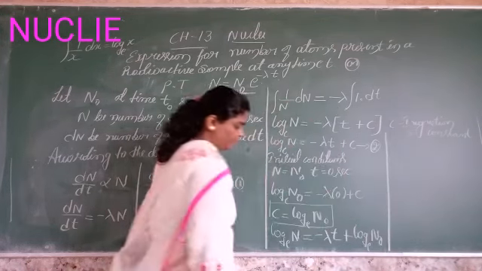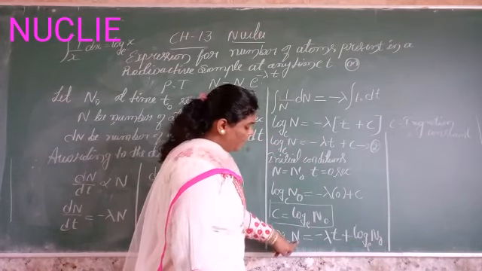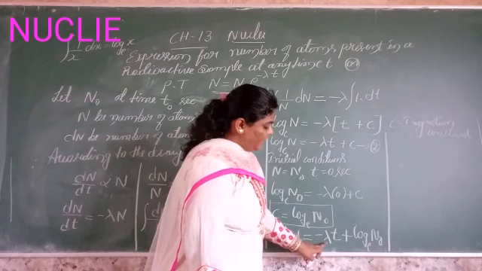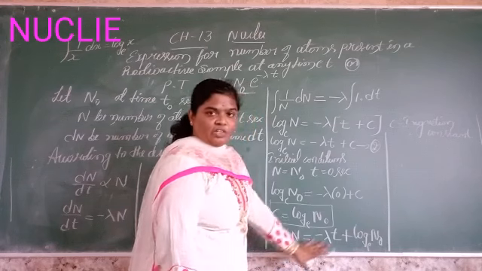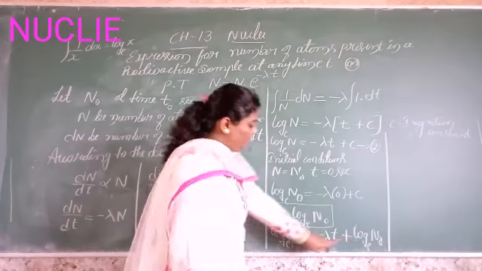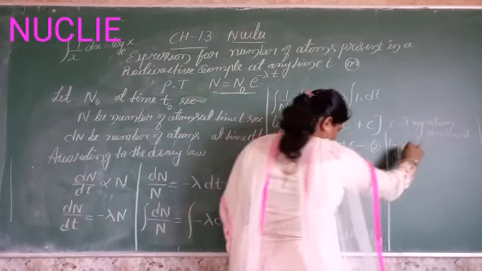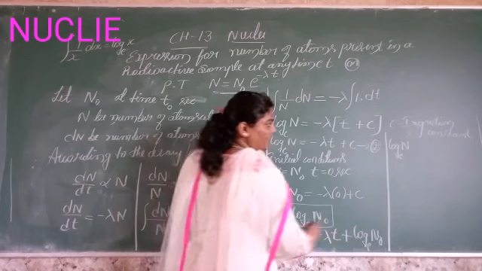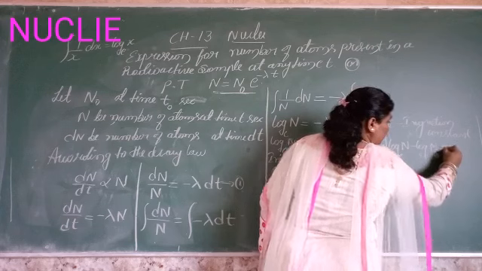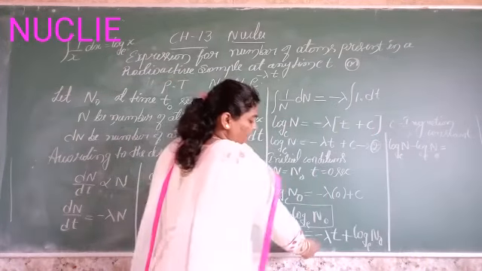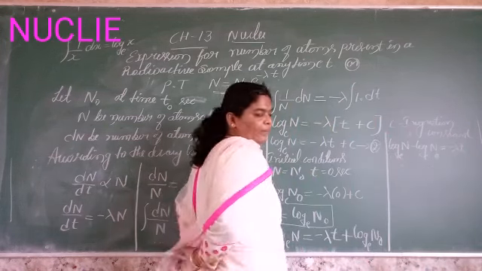So substituting, log base e n is equal to minus lambda t plus log base e n naught. The log terms I take to one side, log base e n on the left side. Shifting this across, log base e n minus log base e n naught is equal to minus lambda t.